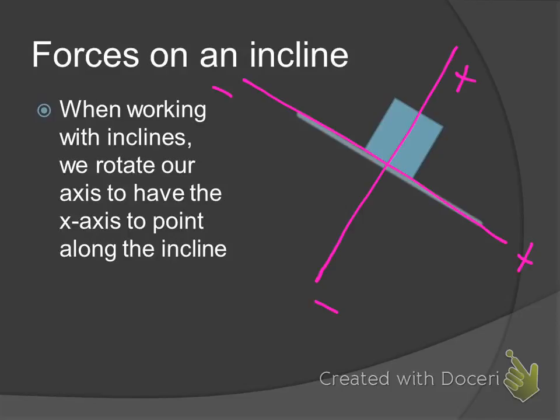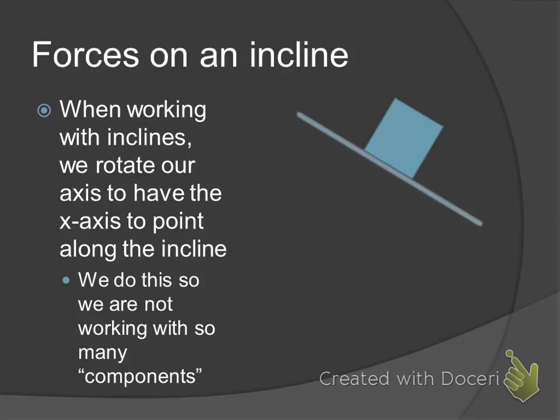Okay, it makes a big difference. So when we deal with things on an incline, we kind of just shift our view a little bit so that we can see these axes a little bit clearer. Okay, and the reason for that is so we don't have to deal with quite as many components. We're not breaking down quite as many vectors.